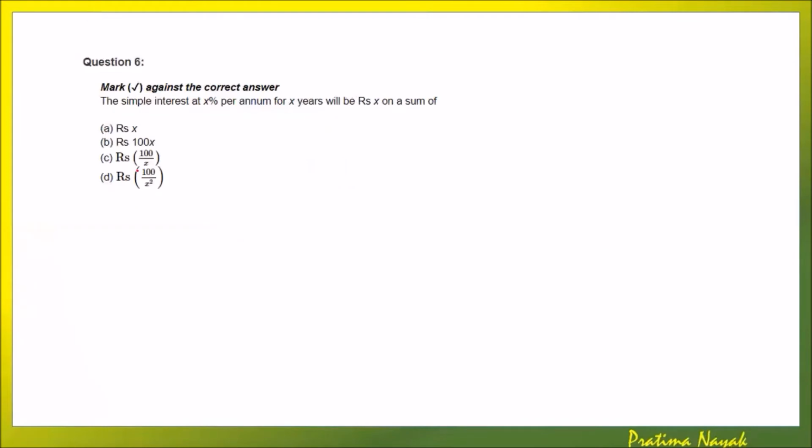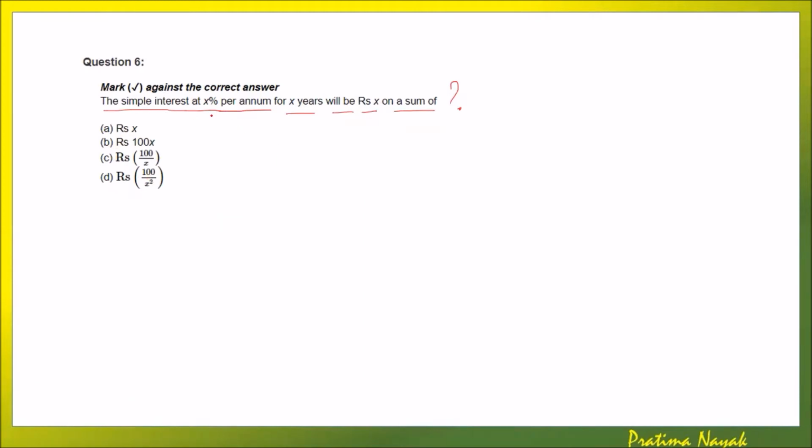Question number 6. The simple interest at X% per annum for X years will be rupees X on a sum of what? The options are rupees X, 100X, 100 by X, 100 by X square. No money, no numbers, only X, X, X. No problem, we know the formula.